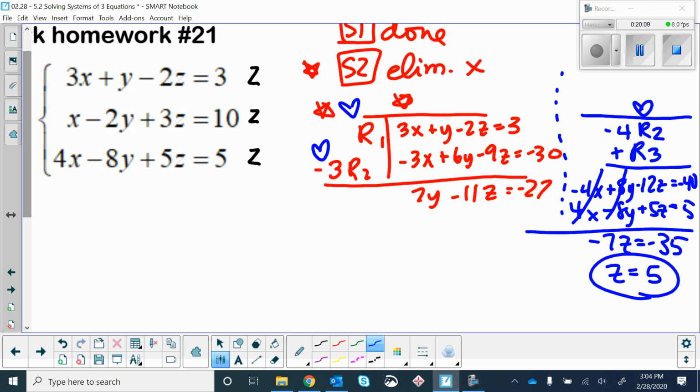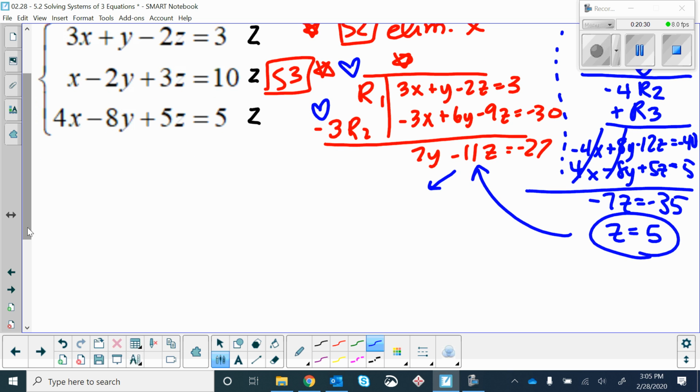And this is step 3. And we need to finish off that system before we move on to step 4. So I take that z equals 5 and I plug it into that equation that I got with the first round of elimination. That is 7y minus 11 times 5. We know that that is z.